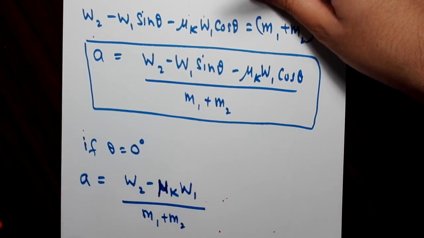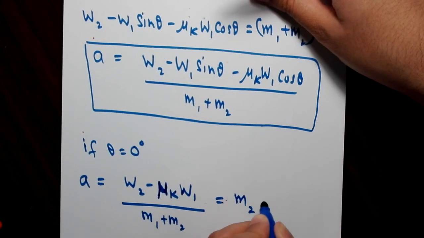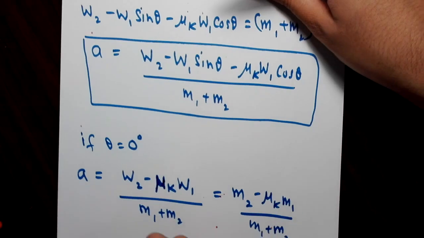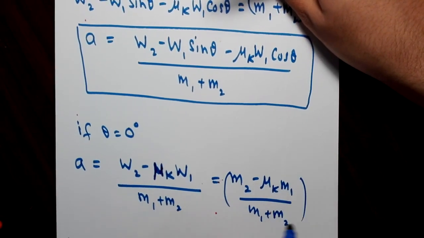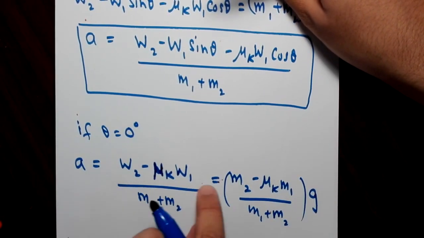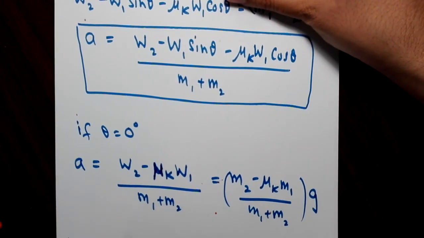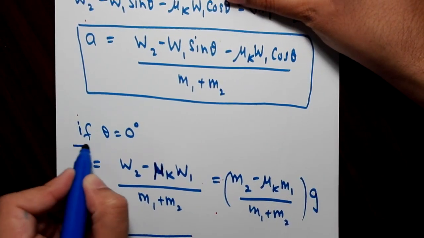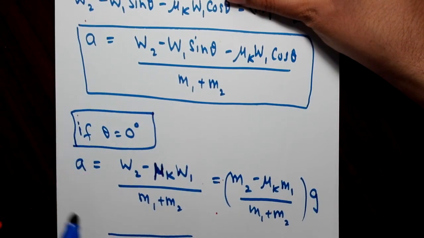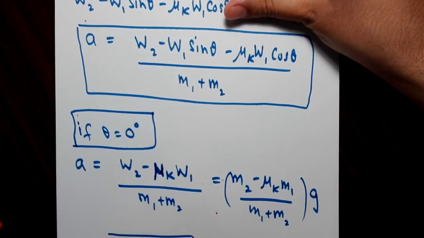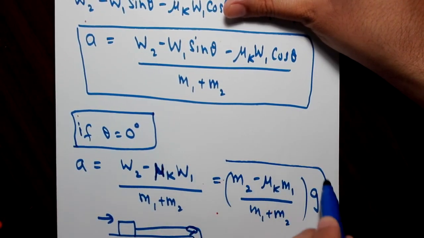You can also write this as m2 minus mu k m1, divided by m1 plus m2, times g, where I've just plugged in w equals mg for both m1 and m2. So the theta equals 0 condition makes the system like this. This is the system that we now know the acceleration of. So the formula reduces to interesting cases.